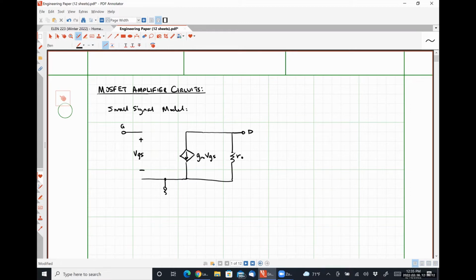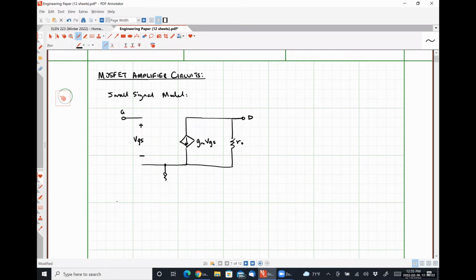So the first thing that I want to introduce is the concept of transconductance for our MOSFETs.